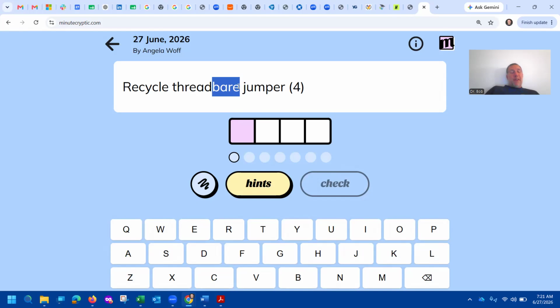I've just not found anything to remove to make anything that remains be useful. What have you done to me, Angela Waff?